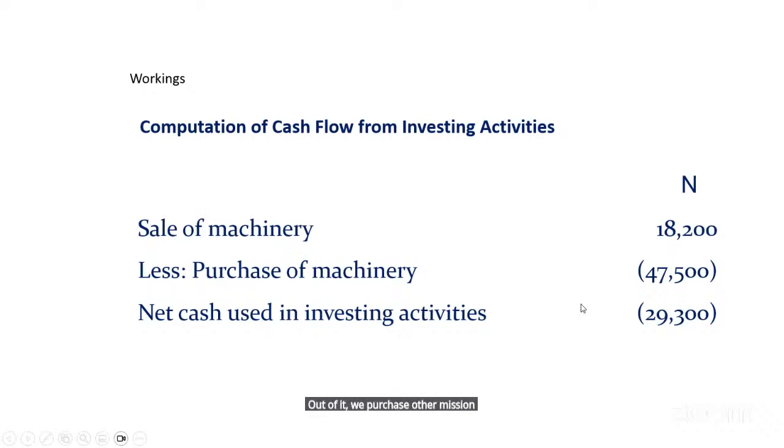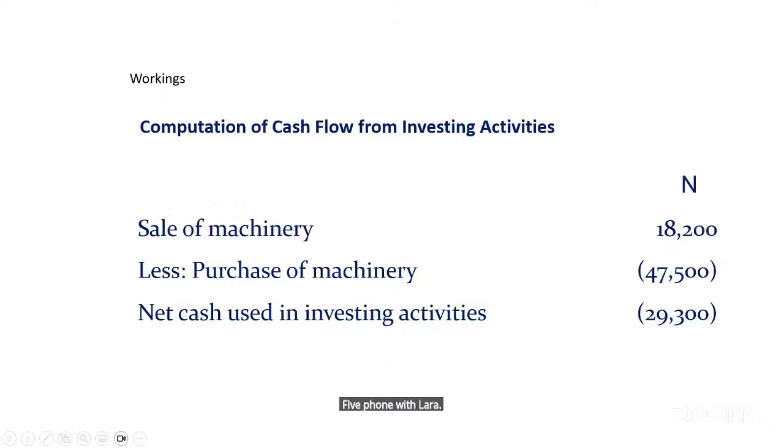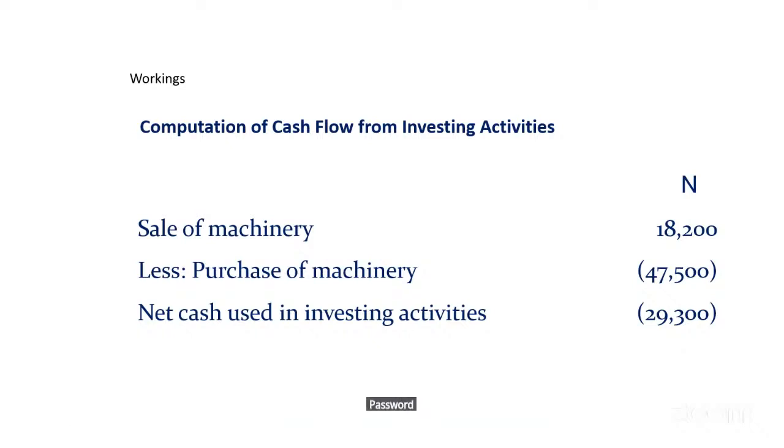How much did you pay? Of course, if you see our workings here, we paid 47,500 naira. So we subtract it, and we have net cash used in investment activity. We have a minus of net 29,300. That's what is net cash used in investing activities.